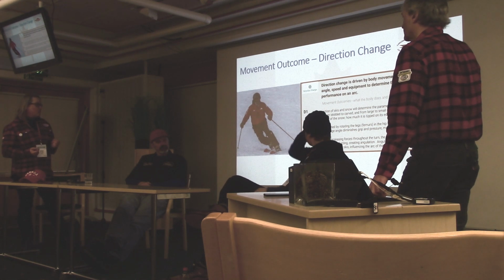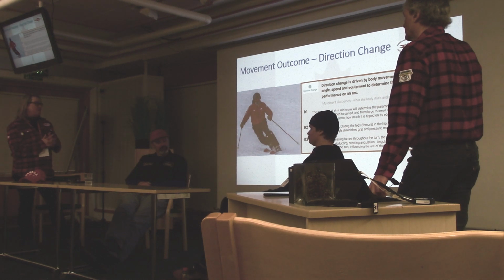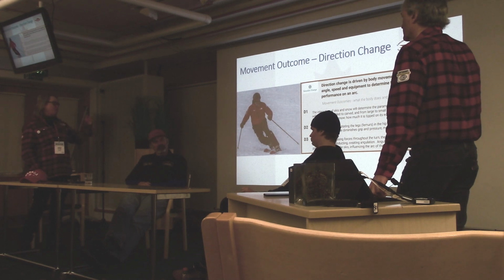And to react to the increasing forces throughout the turn, the skier achieves balance against the outside ski by hip flexion and hip abduction, that's angulation, inclination, angulation. So those are the things we would work on for the direction change outcome.